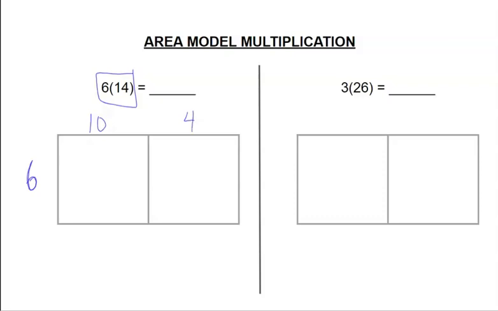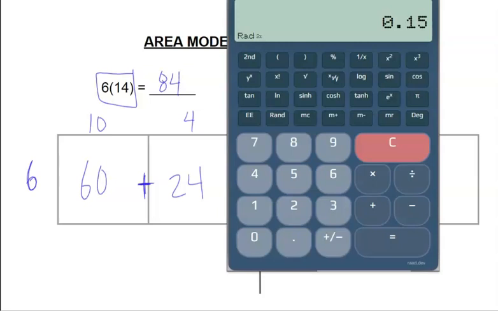So I can do 6 times 10, which is 60, and 6 times 4, which is 24, and then add those two pieces together. 60 plus 24 is 84. If we want, we can check with our calculator: 6 times 14 is 84.